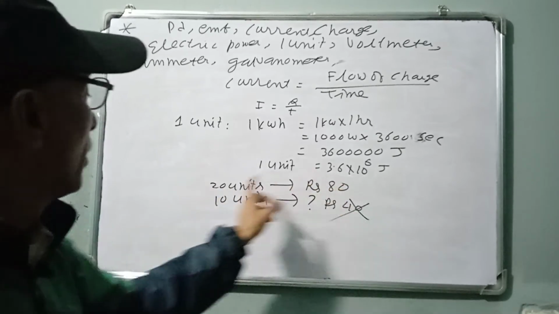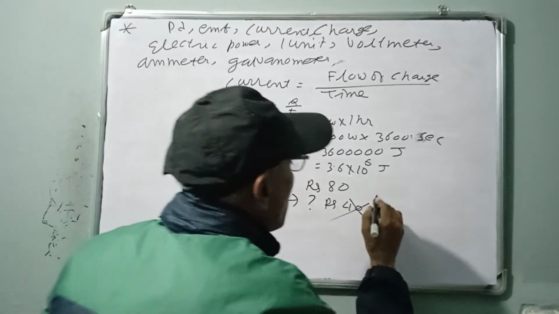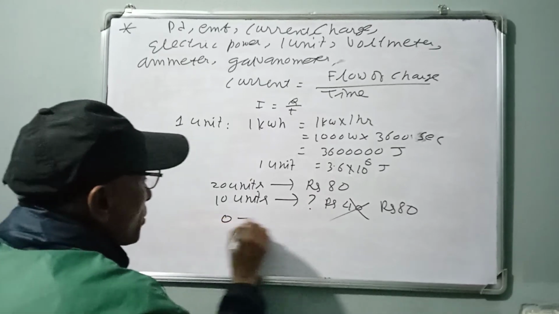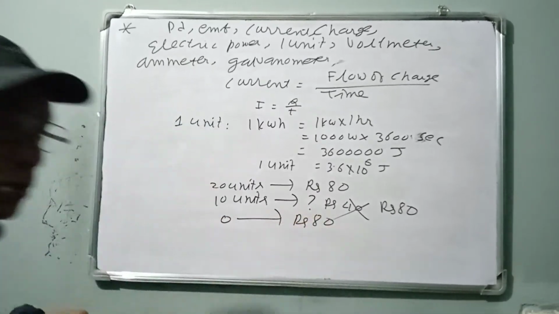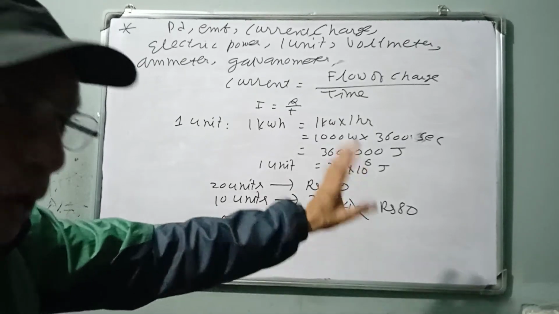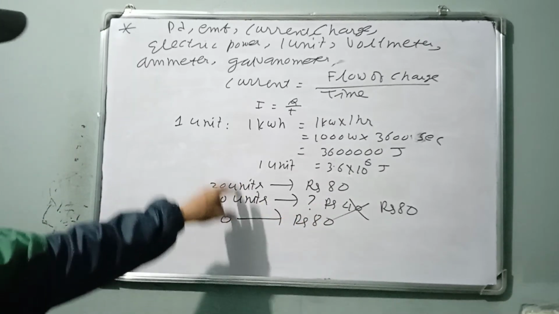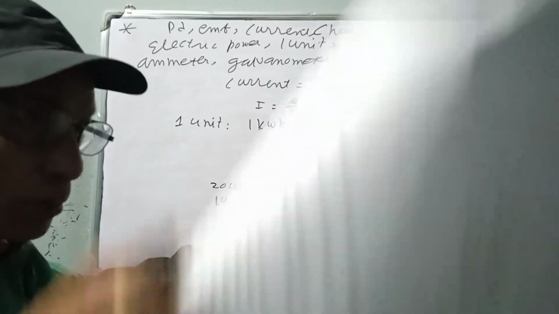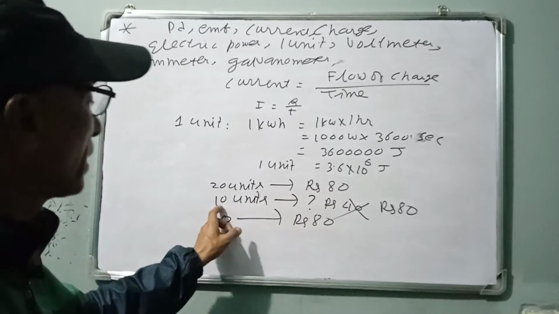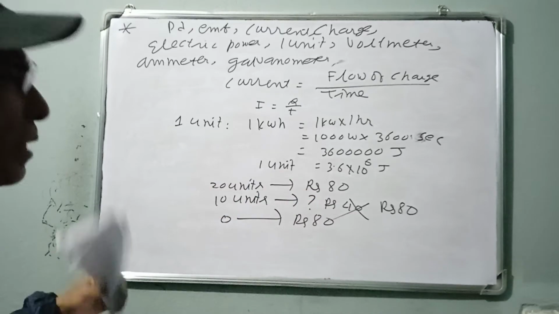You have to pay for 20 units rupees 80, 10 units also rupees 80, because it is the minimum charge. 0 unit also rupees 80. ताला बन्द, we say 0 unit, no electricity use, so house is locked, पुरै बन्द छ, but the house owner has to pay. यहाँ घर पुरै 1 महिनासम्म बन्द भए पनि यो इलेक्ट्रिसिटी नबाले पनि 0 unit 80, 1 unit 80, 10 80, 20 80, and more than 20 you have to pay extra charge.